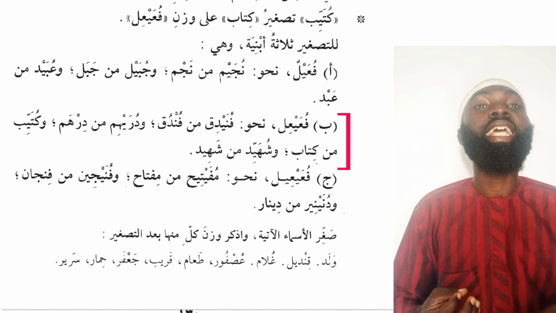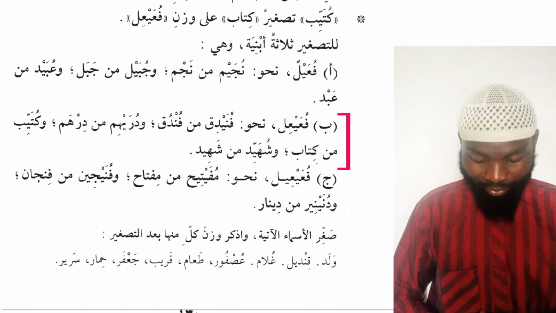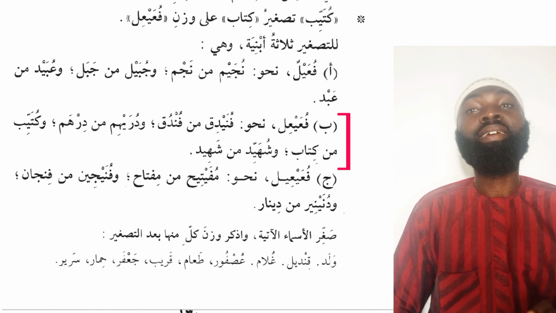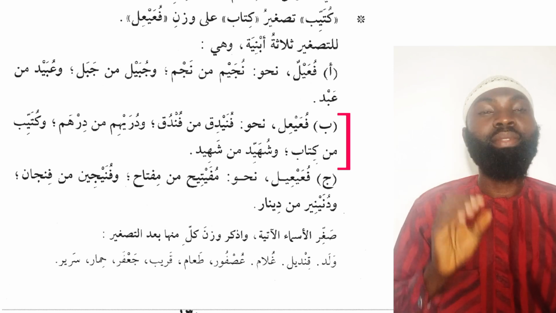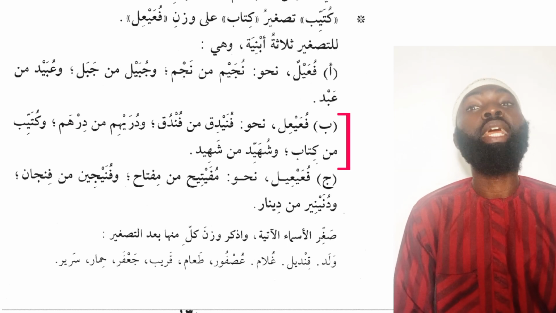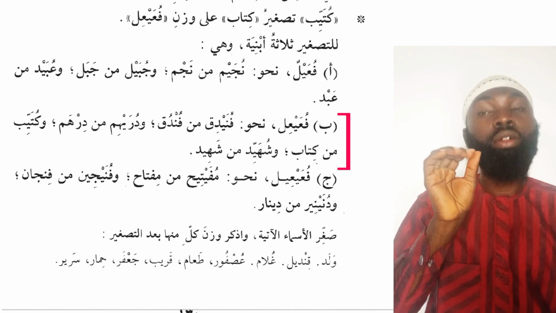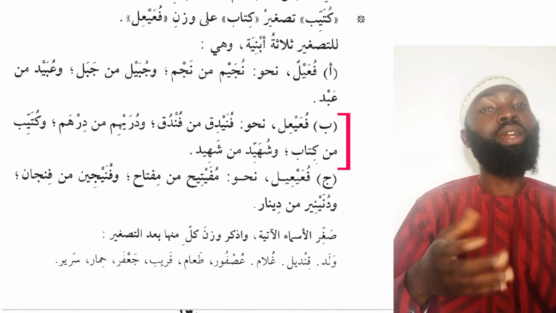So funaidikun, a small hotel. Next is dureihimun. Dureihimun from the word dirhamun. Dirhamun means what? A currency. The currency dirham. So dureihimun, that is what? A small dirham. Next is kutayyibun, a small book from the word kitabun.